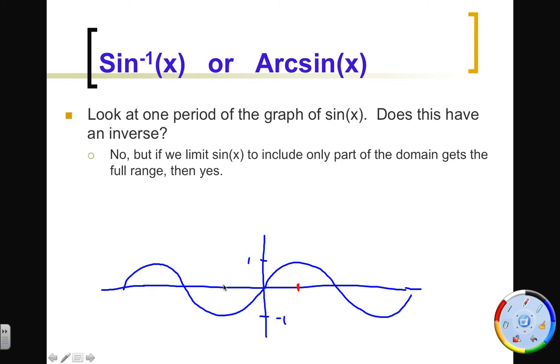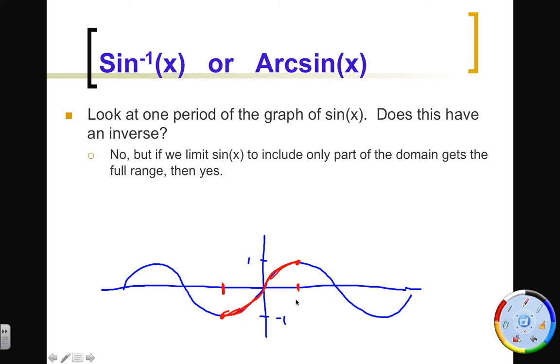This means I can start back here and get the -1 and go up the graph, up until +1. So this little section right here is a representation of all range values for sine of x.